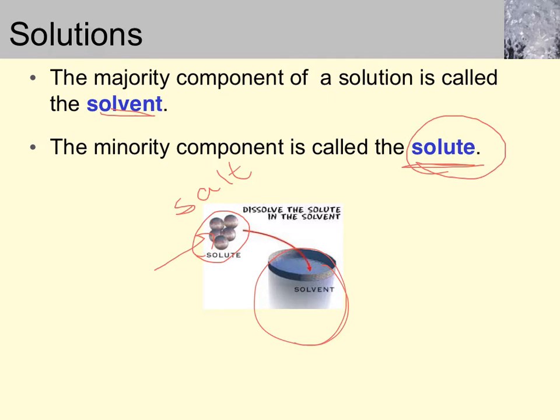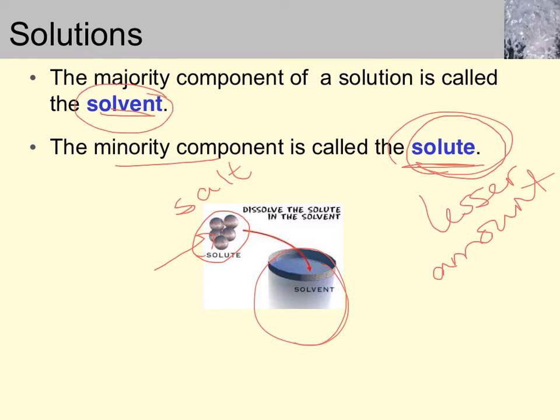Something like salt water, it's easy to distinguish what the solute and solvent are, but some solutions it's not so easy. So please make a note of the fact that the solute is always there in the lesser amount, the smaller amount. So if all you have are amounts, the one that's present in the largest amount is called the solvent.